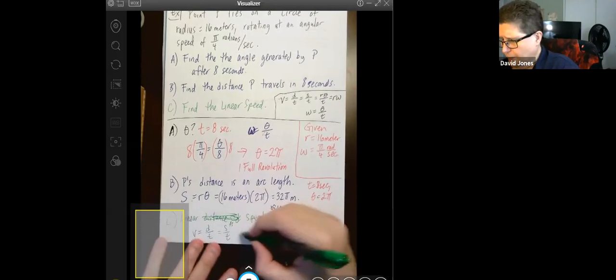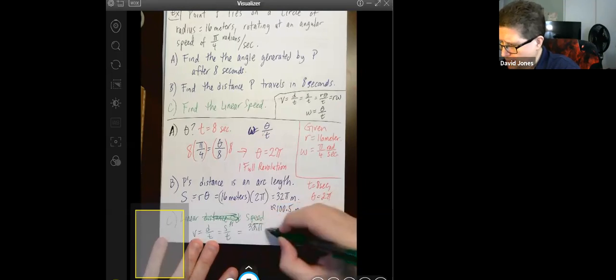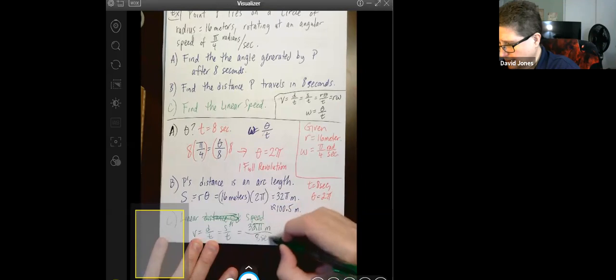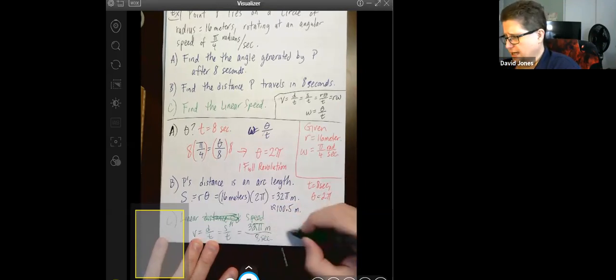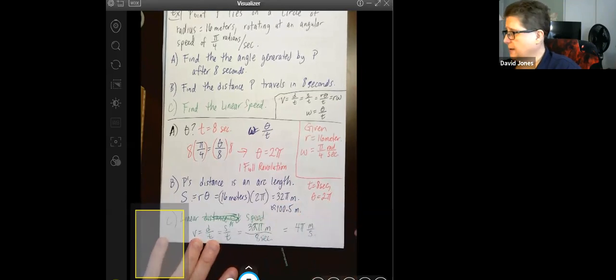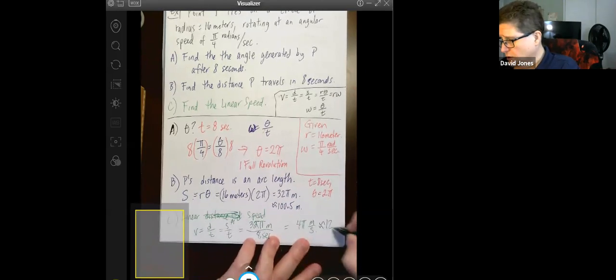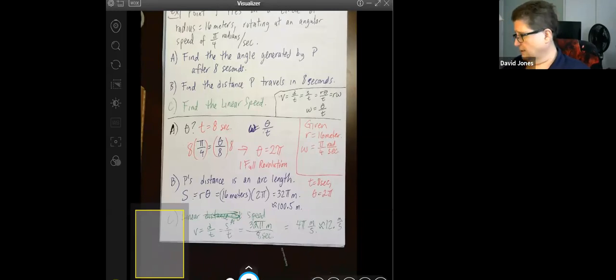So we've got 32 pi meters in 8 seconds, which gives us 4 pi meters per second. If you want to calculate that out, go right ahead. About 12 point something, maybe 13. Okay.